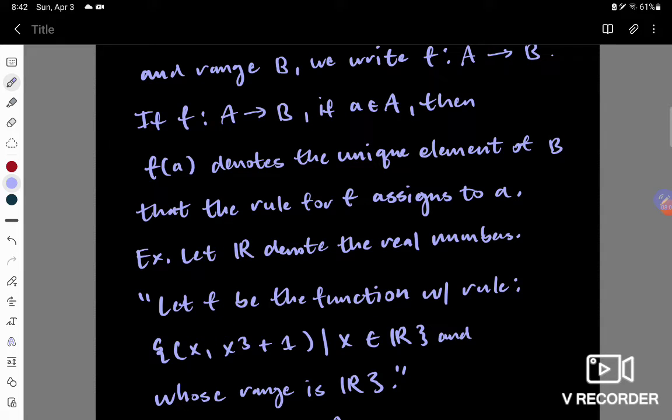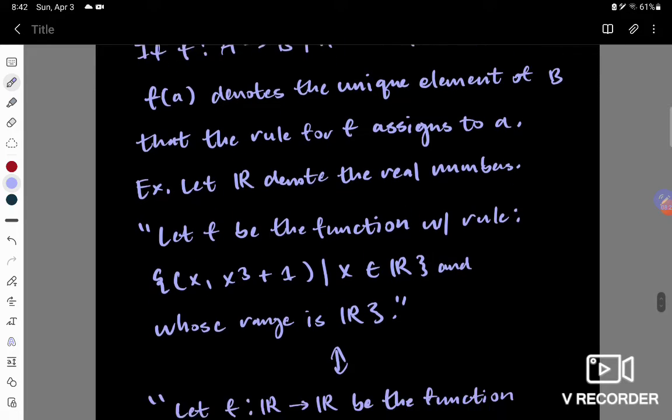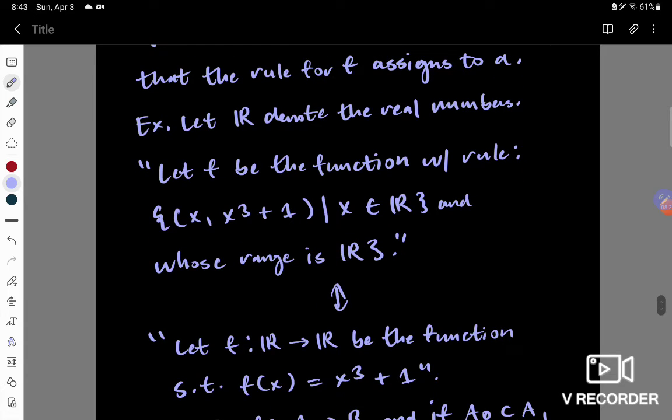So this x here lies in the real numbers, which means that its domain is R, and we specify that its range is R. So already we know that f takes the form R, and then we write an arrow, and then it also maps into the real numbers. So we specify the domain and range here, and we also specify the rule of assignment, which is given by this pair. And we can just write now, let f from R to R be the function such that f of x equals x cubed plus 1.